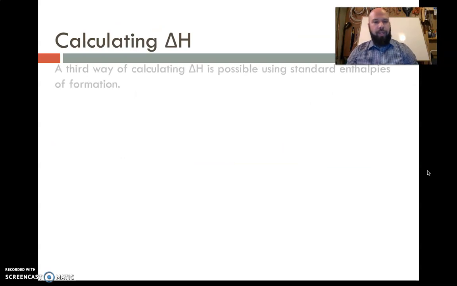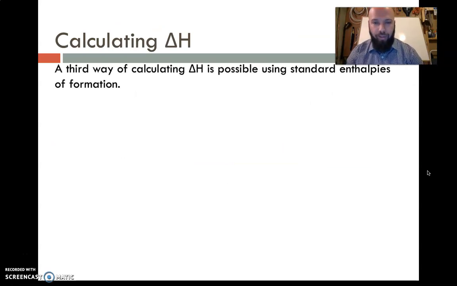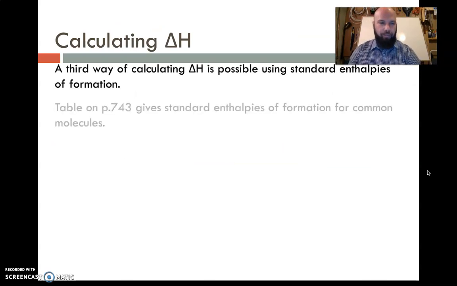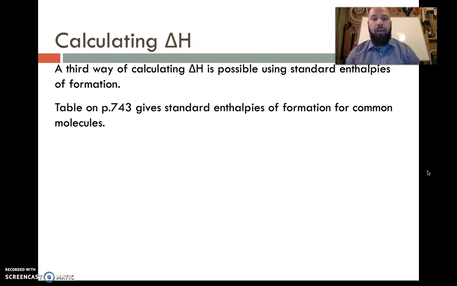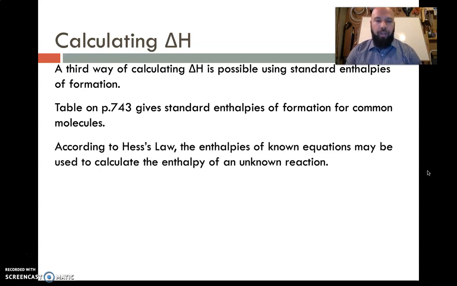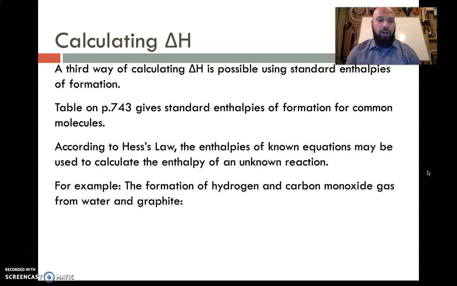So let's do an example. This is a third way of calculating standard enthalpies of formation. You can find all of these in a table in your textbook. You could Google these values and get a table of standard enthalpies of formation for common molecules that are being used. This uses Hess's law for the formation.